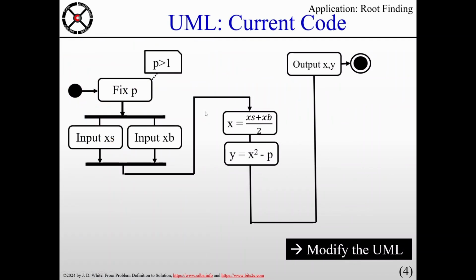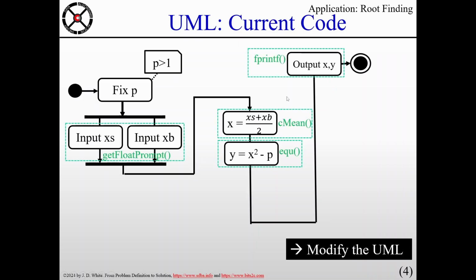So this is our current UML. We fixed p. We said p must be greater than 1 for this algorithm to work. We input xs, it's too small. xb, that's too big. We do the calculation of the mean, calculate y equals x squared minus p, output x of y, and then we make the decision on our next xs and xb.